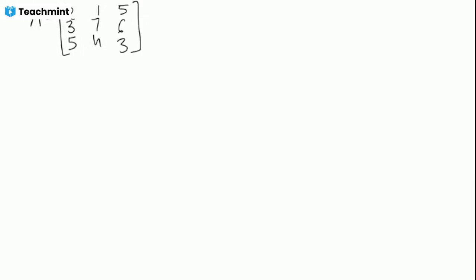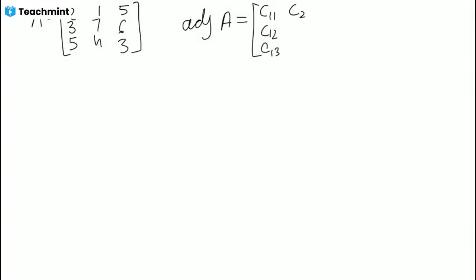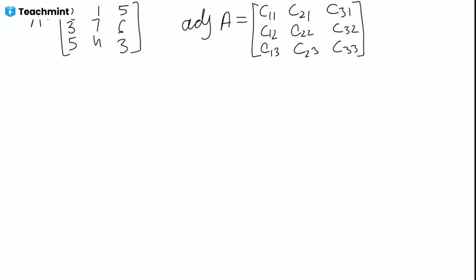And adjoint of A will be C11, C12, C13, C21, C22, C23, and C31, C32, and C33. And now we need to find all these values from C11 to C33. These are cofactors. So let us find them.